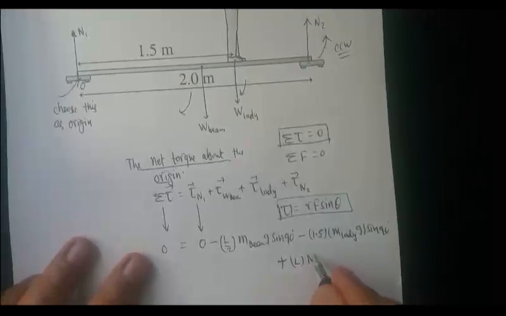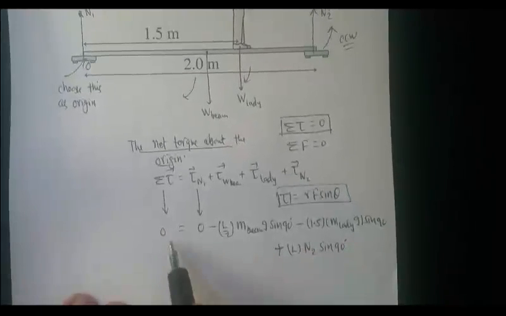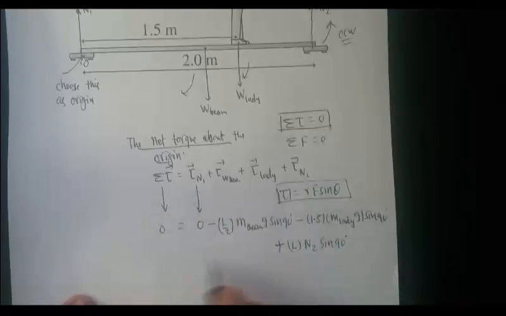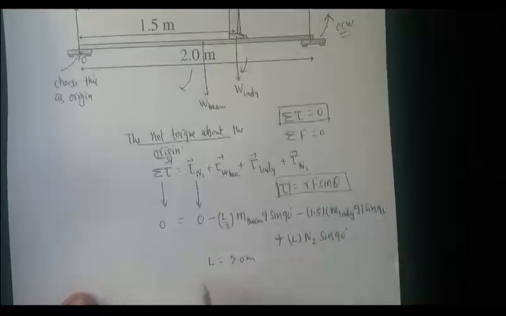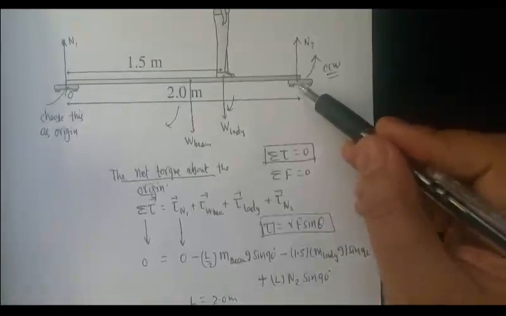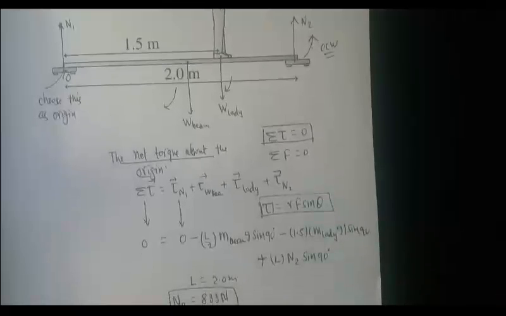Force is N2, and all these angles are 90 degrees, and all of it equals 0. You put in the value of L, the length of the beam, which is 2 meters, and solve for N2. If you solve for N2, you're going to get 833 newtons. This is the mass scale reading. This scale would read 833 newtons.